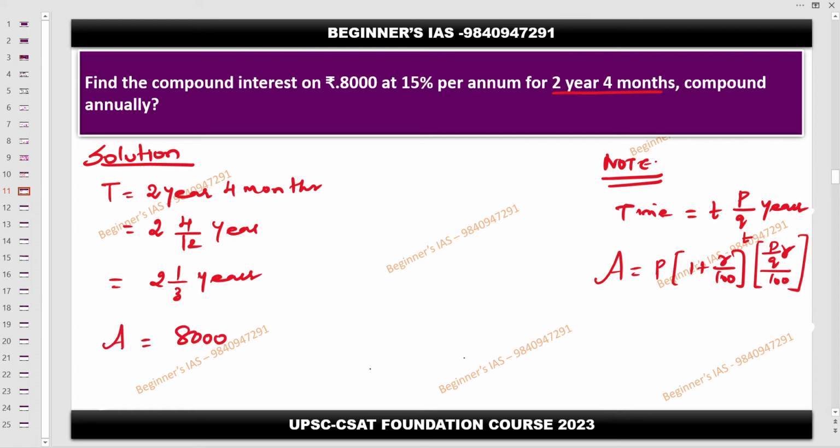Amount is equal to principal into 1 plus r, r is nothing but 15 by 100, the whole power t. t is nothing but 2. Then 1 plus, wait.